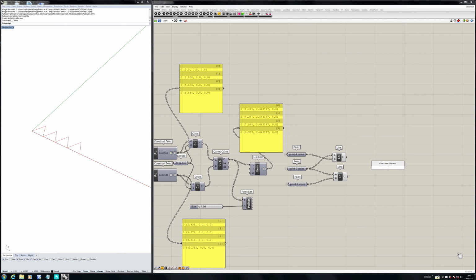I'm going to merge this. And I'm going to connect them so they are merged. And I'm going to surface extrude. So let me see here, extrude. They are being extruded. I'm going to hide this.